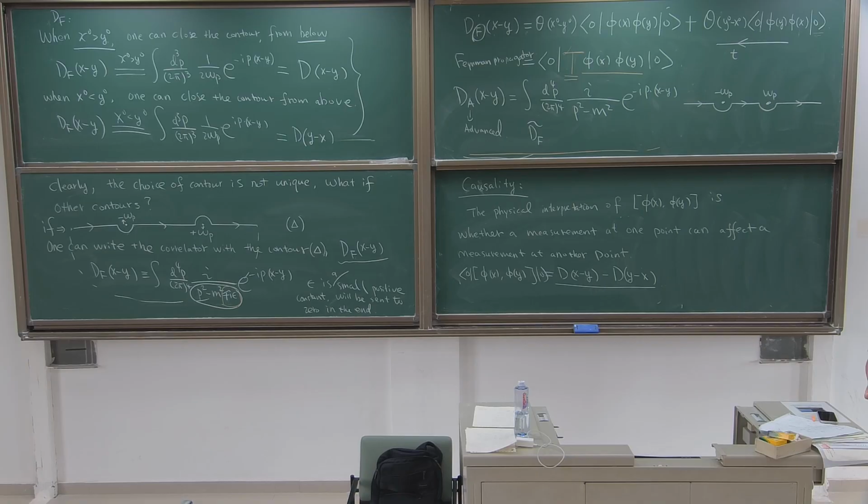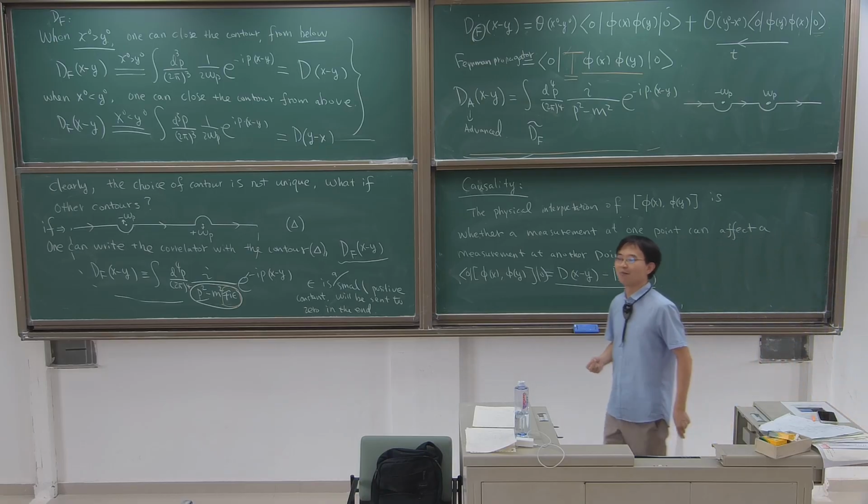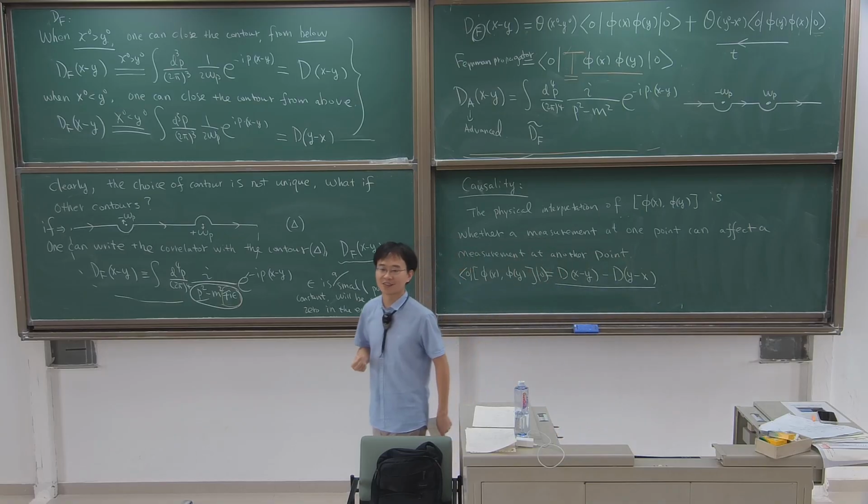Then we immediately realize that in last week's discussion, we actually already know the result, because we already found the result for equal time commutators. Equal time is space-like or time-like? It's space-like, right? So we already know the result for equal time commutators by the quantization condition.